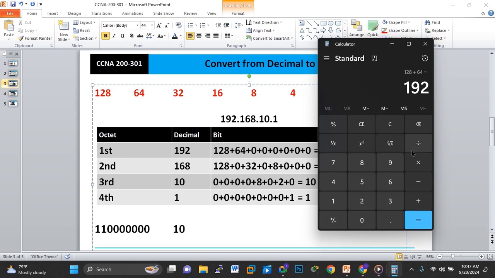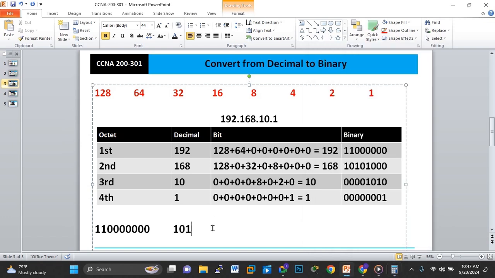Let's punch it in: 128 plus 32 gives us 168. So it's not more than 168, meaning this 32 is good. We can use 32 because if we add 32 to 128, it only gives us 168. So we say the bit is on.